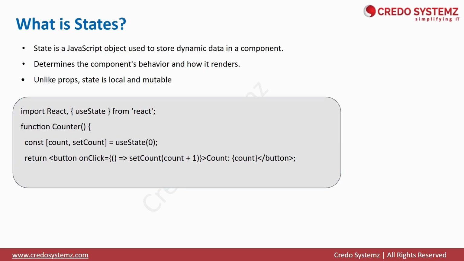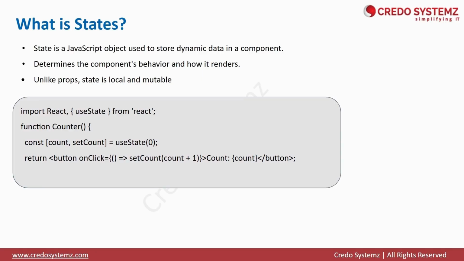Within this arrow function, I'm invoking setCount. As said, setCount is a variable that holds a function. So I am literally invoking a function that is stored in the variable setCount, and then I'm passing a value, the parameter.